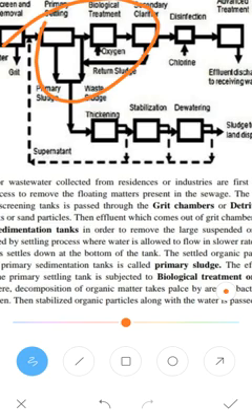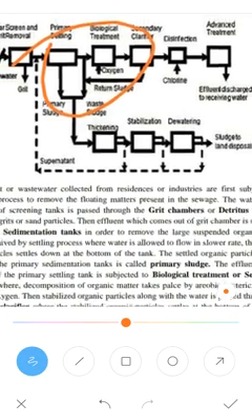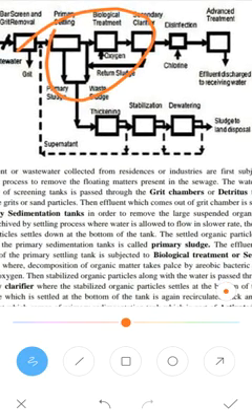This sludge is recirculated back and mixed with the effluent which comes out of the primary sedimentation tanks. This is the activated sludge process, and the remaining sludge is mixed again with the primary sedimentation tank.